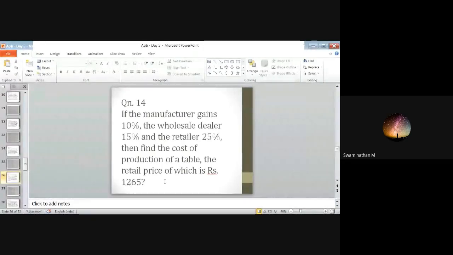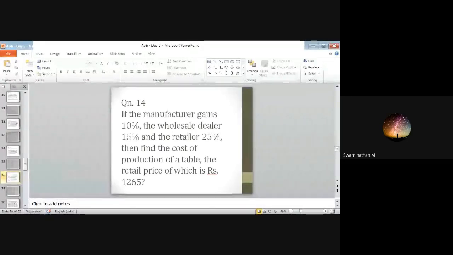So assume x is the cost of production. With 10% gain the manufacturer is selling, so it is x into 110 by 100, 110%. That will be the amount for which he is selling. And with that amount, the wholesale dealer will sell at 115%, 100 plus 15%.